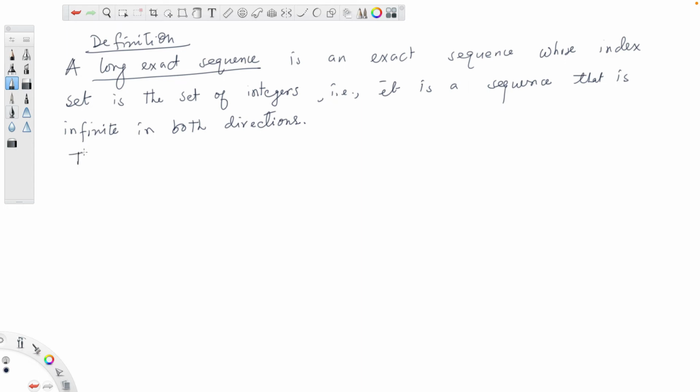Theorem 4. Let me check if it's theorem 3 or theorem 4. I think it's theorem 3, right? No, it's theorem 4. That's right. The exact homology sequence of a pair.